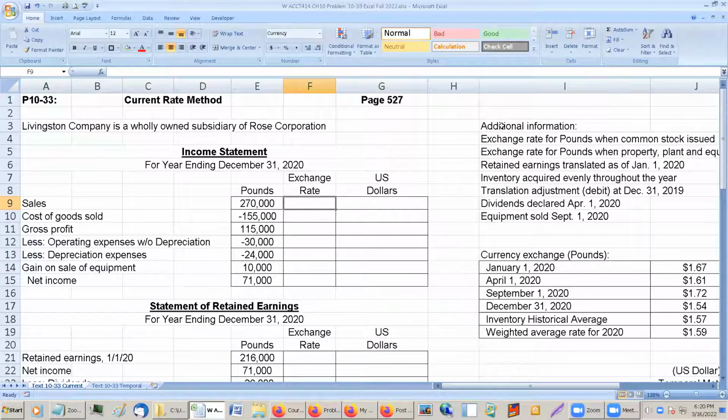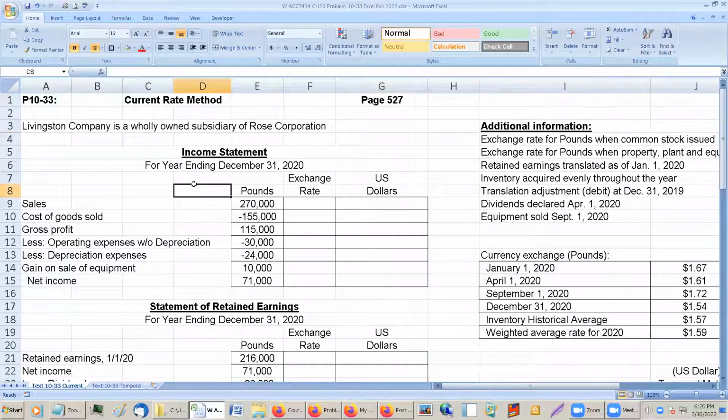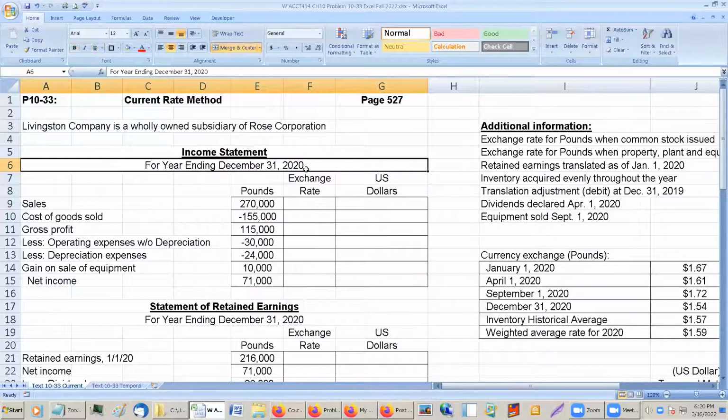So what we're going to do is see how we're going to work this out. Now, this problem is if it went from one year to the next. And so they're going to give us the retained earnings translation, because the only way to get that would be to go through however many years of translation they have.